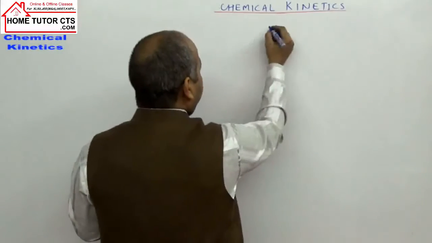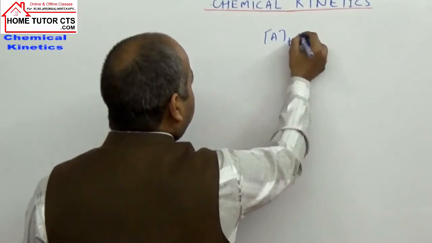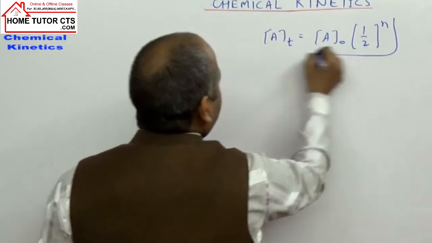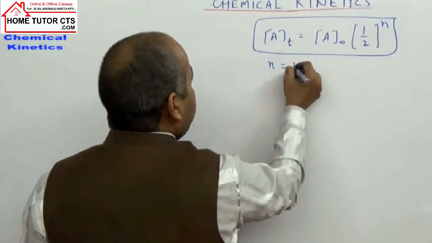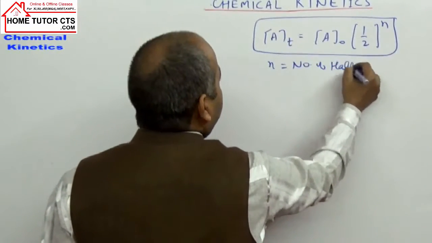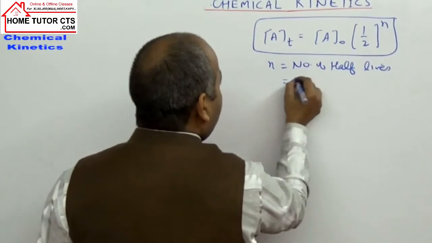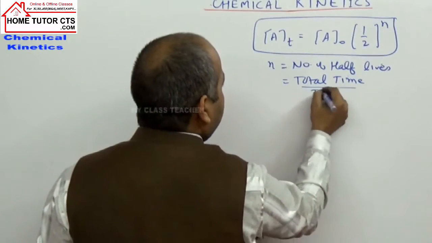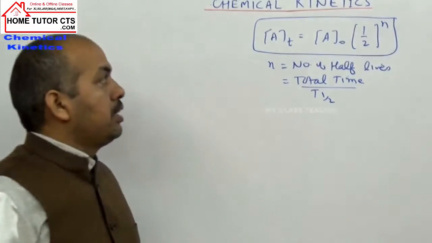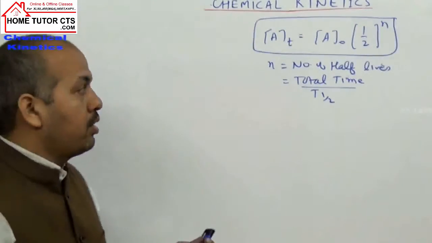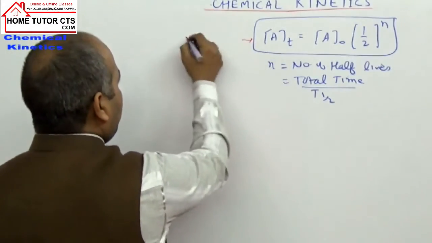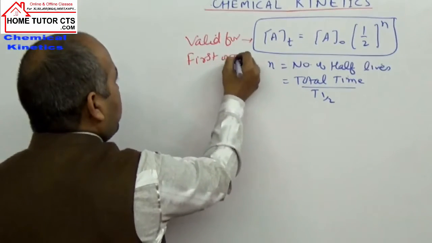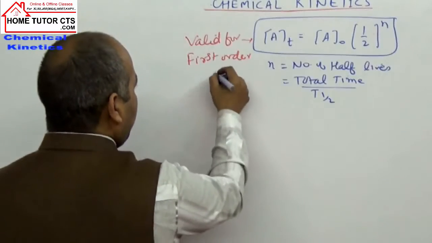A at time t will be A naught into 1 by 2 power n, where n is the number of half-lives, total time by t half. This expression is valid only for first order reaction. Already explained to you how.